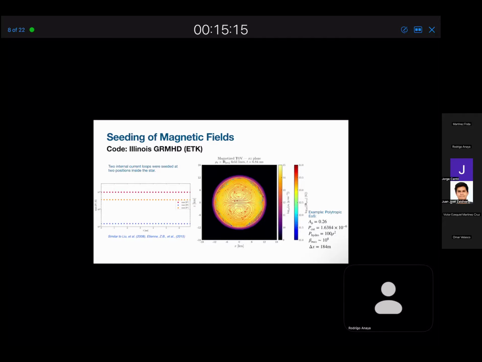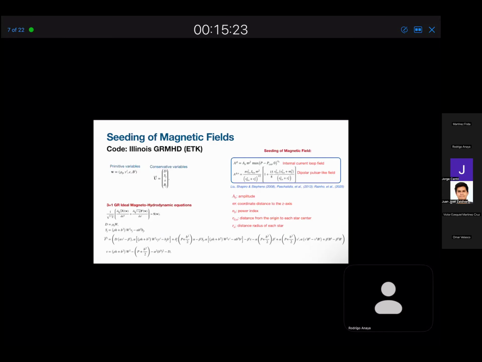Could you say where they obtain those expressions for the magnetic field that you showed in your model? Are those solutions of the constraint equation, or are they put in by hand? Yes, in the limit they are thought to be solutions, including the boundary conditions for the configuration of these magnetic fields.